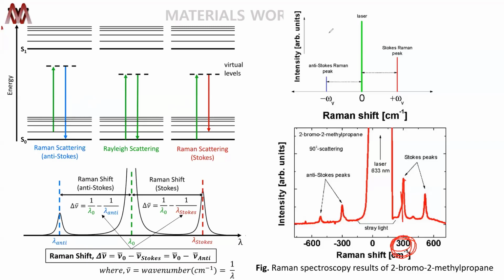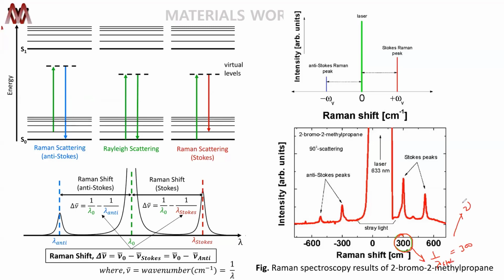This 300, you have 2 Stokes lines. Wait a minute, guys. This 300, you see here, now here is a very important point. It's a 1 by lambda value for Stokes. 1 by lambda Stokes, right?